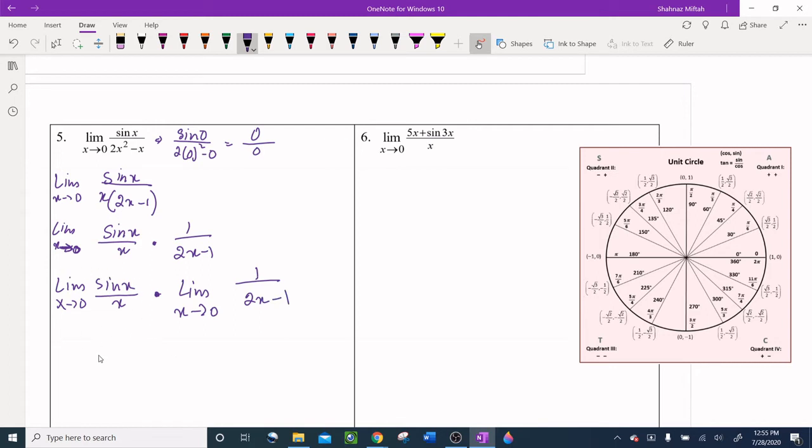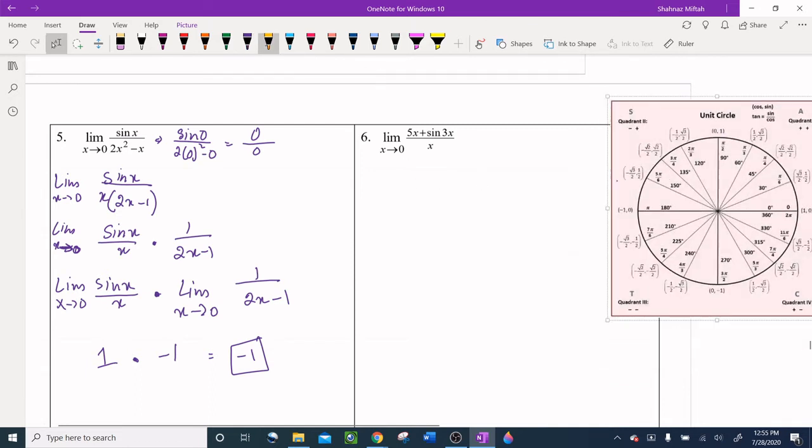So this whole thing equals 1 times, when I plug in 0, it's going to give me 1 over negative 1, which is negative 1. Negative 1 times positive 1 is going to give me negative 1. Done. Question number 6. Let's do question number 6.